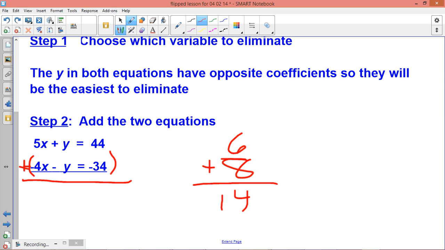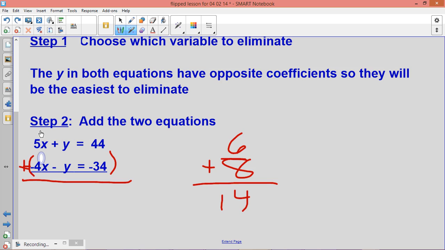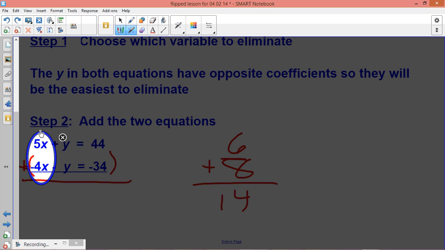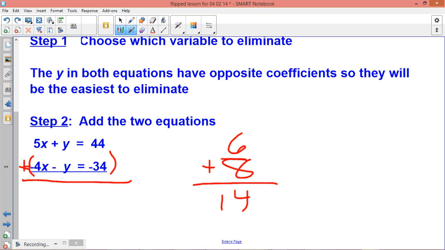We're going to do the same thing: add the first term plus the second term. Notice they're both in standard form, so my like terms are lined up. So 5x plus -4x. Don't forget this plus right there. 5x plus -4x, what is that? Well, that is just x, or 1x.